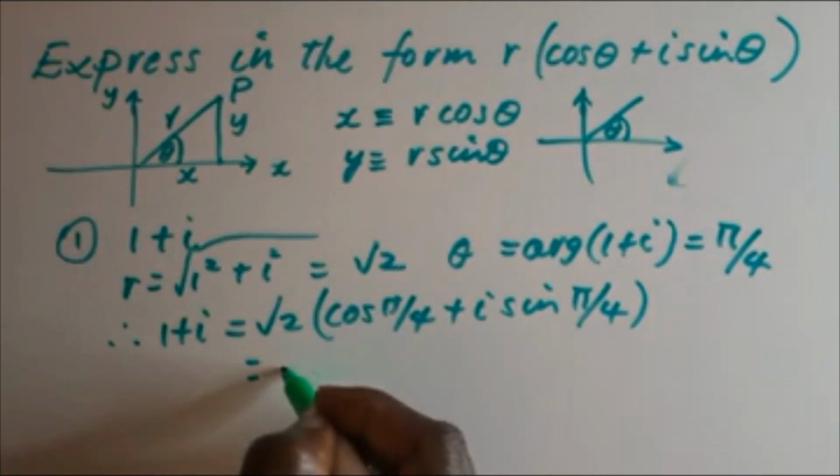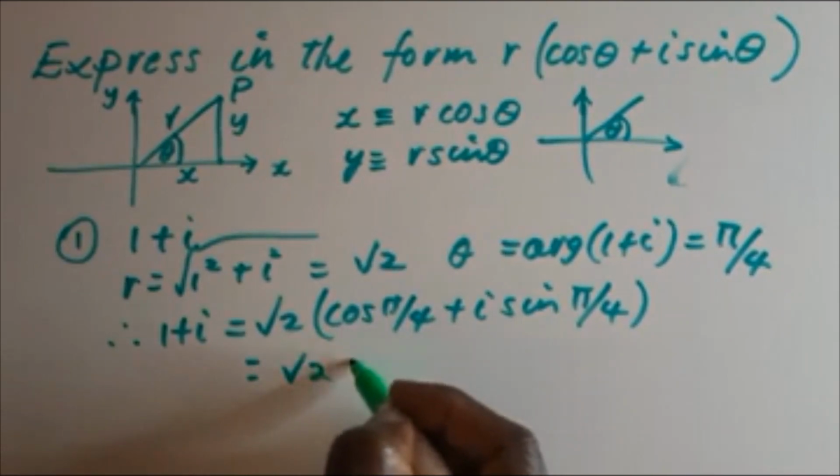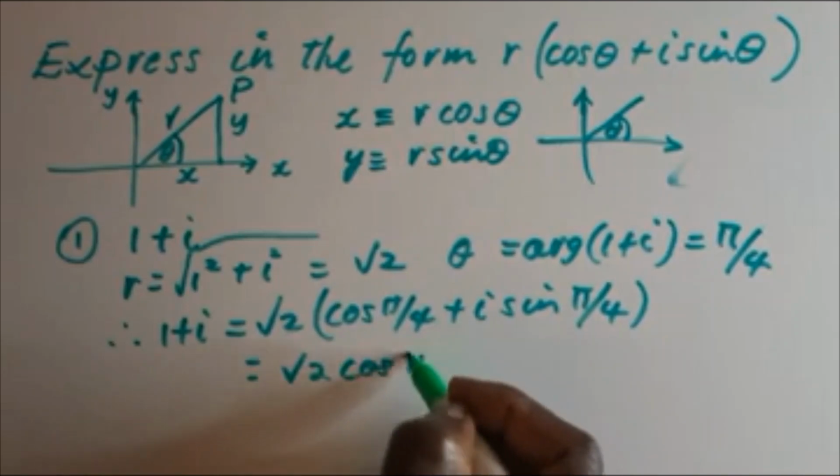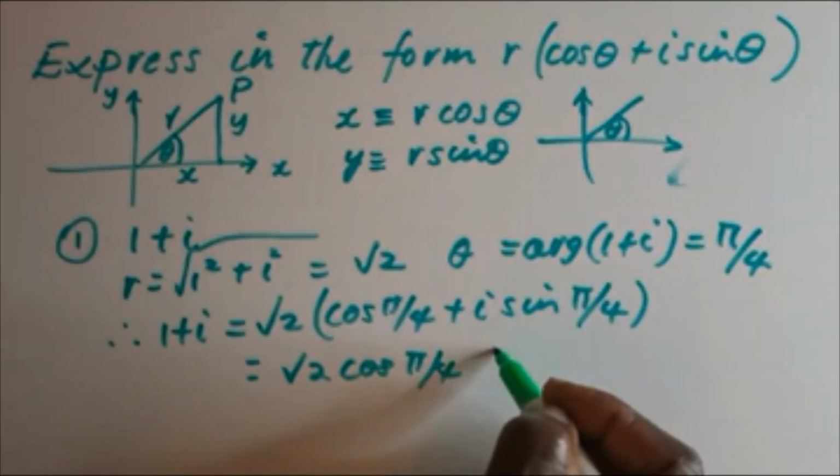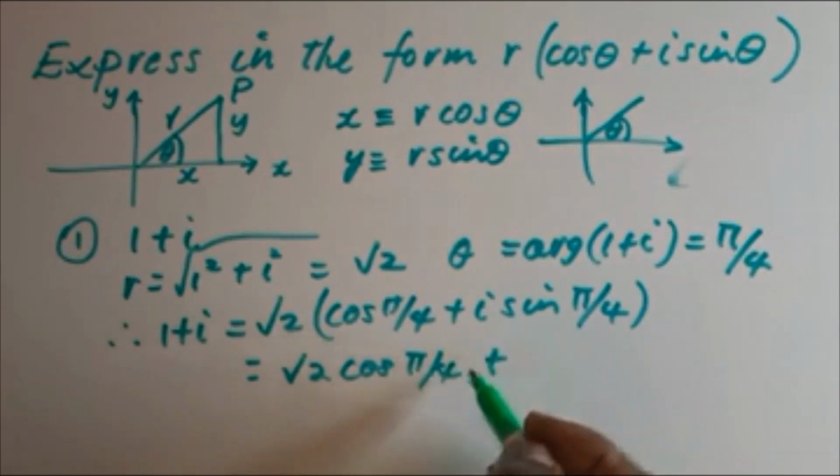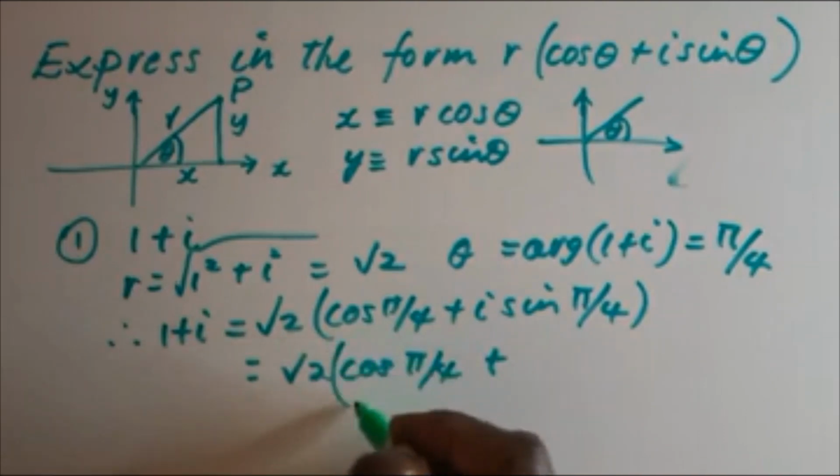Which we write as root 2 cosine pi over 4 brackets.